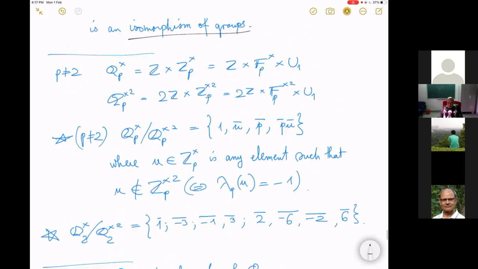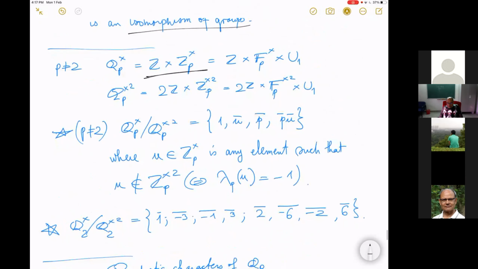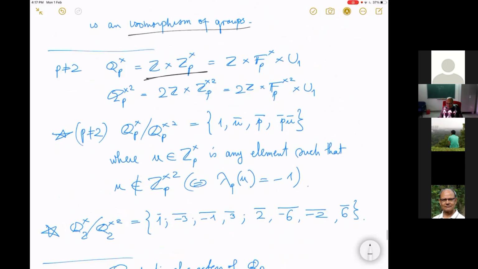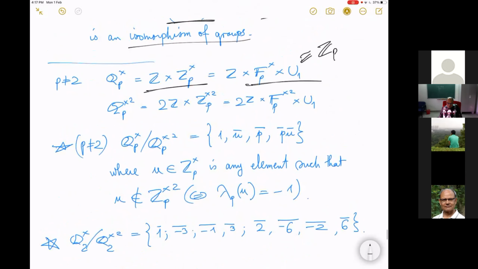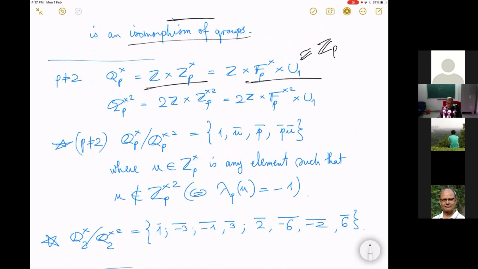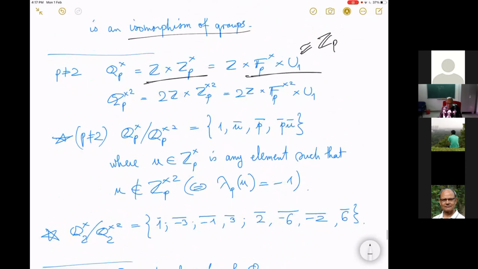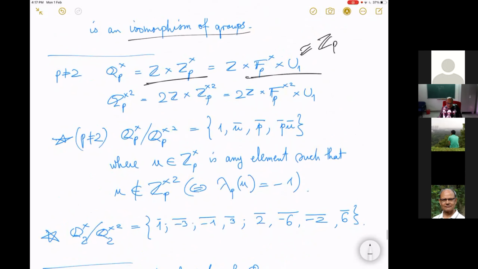So if p is different from 2, then Qp star is Z cross Zp star, and Zp star is Fp star times U1, and U1, remember, is isomorphic to Zp. And if p is equal to 2, we are not yet coming to p equal to 2. We are still in p odd.